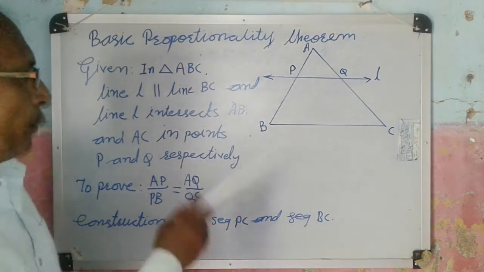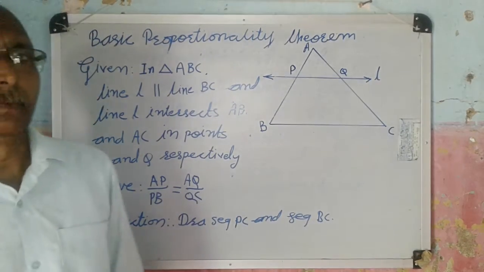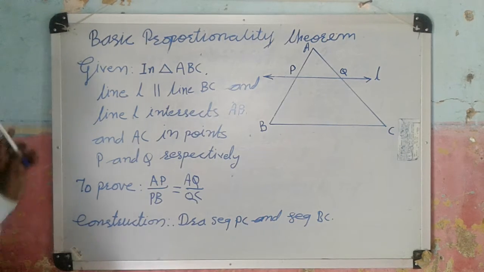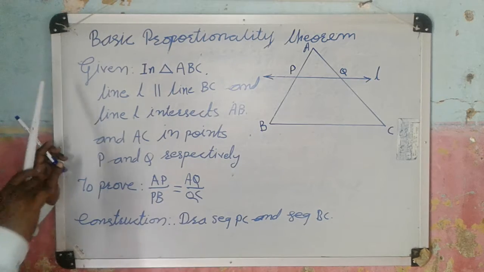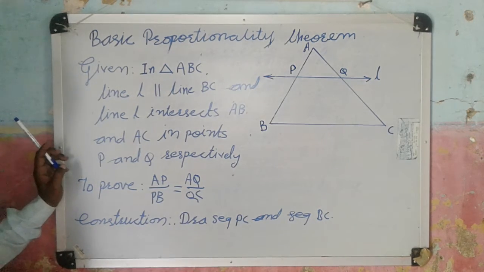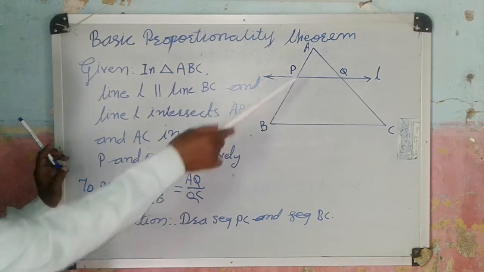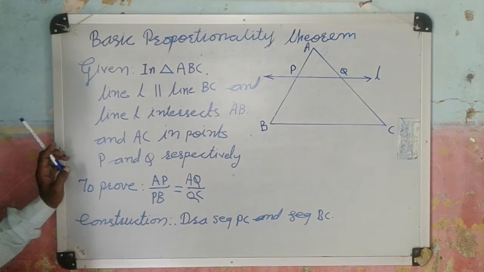Now to prove this theorem, we have to go step by step. The first step is to write the statement of the theorem. The second, draw a figure according to the given statement.